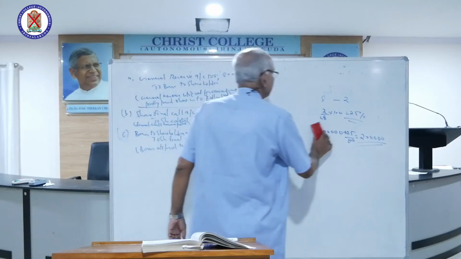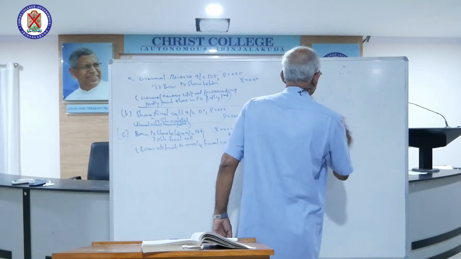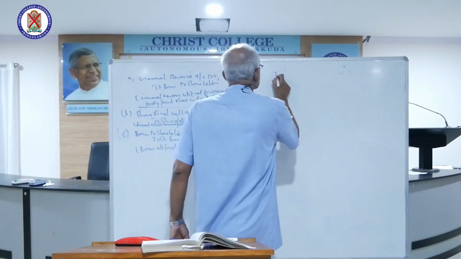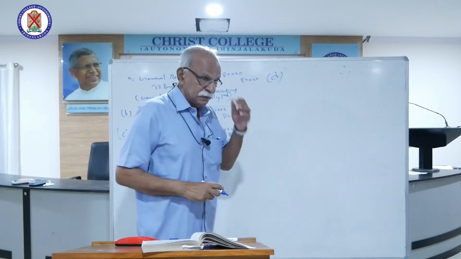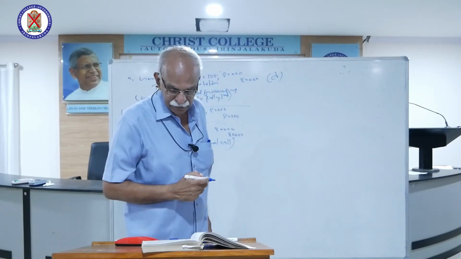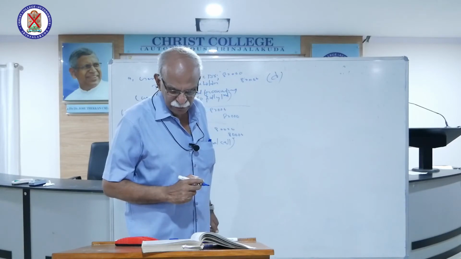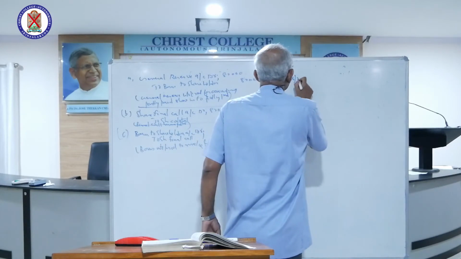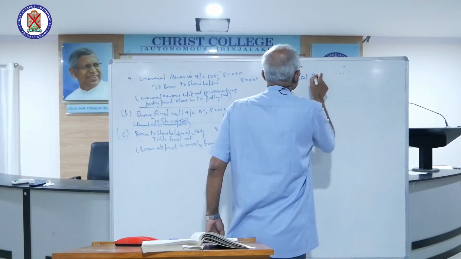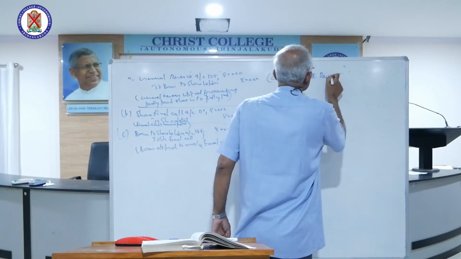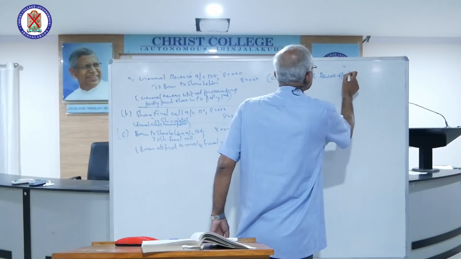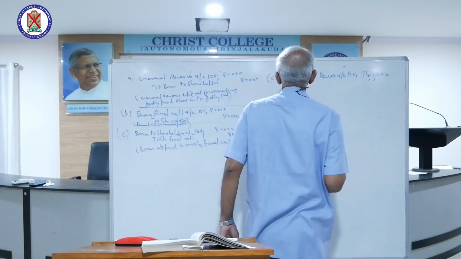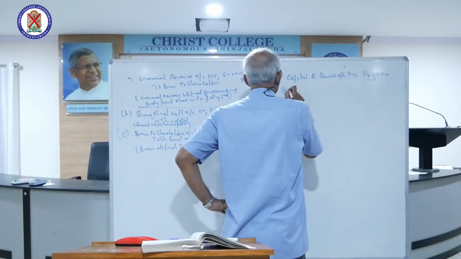So the journal entry, I think you are clear. The journal entry for issuing fully paid bonus share will be: capital redemption reserve account debit 1,40,000. Securities premium, how much can be utilized?